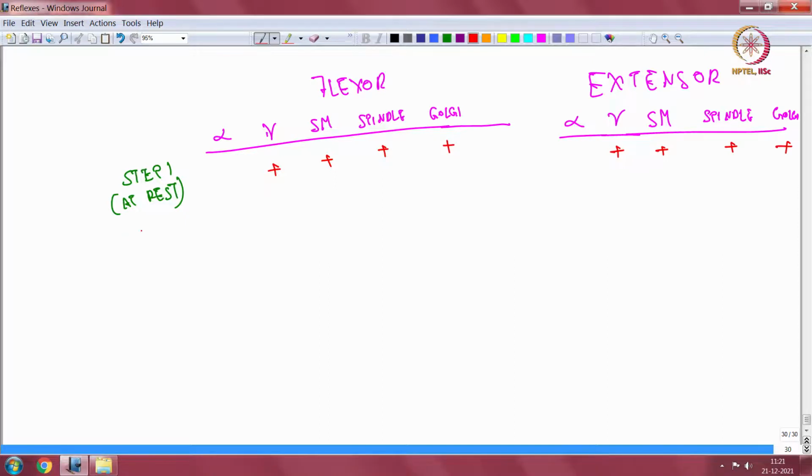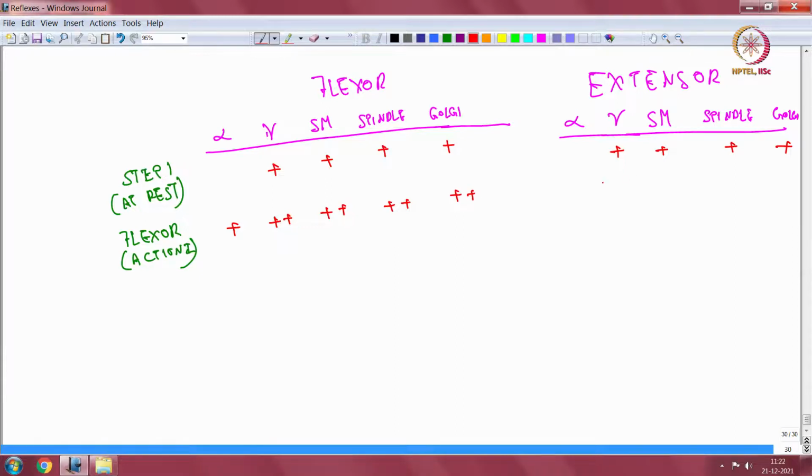Now, we see what happens with flexor activity. So, flexor activity is action 1. What happens with that is you have alpha which is increased, gamma which is also increased, skeletal muscle starts acting, spindles also start acting, and then there is Golgi.